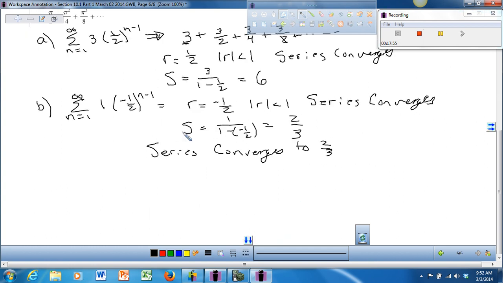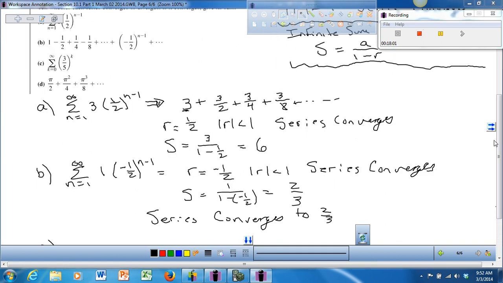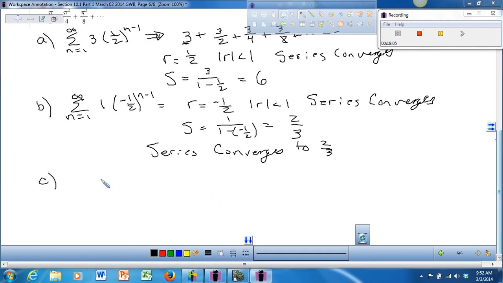All right, let's try the next one. This one is 3/5 to the n, and it starts at n equals 0. So this is another way that you can write a geometric series, from n equals 0 instead of 1 to infinity of 3/5 to the n. Let's write out the first few terms. What's the first one?